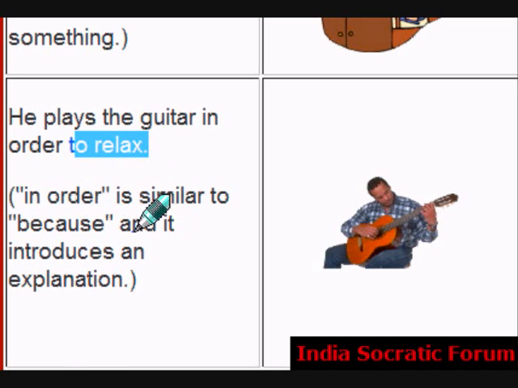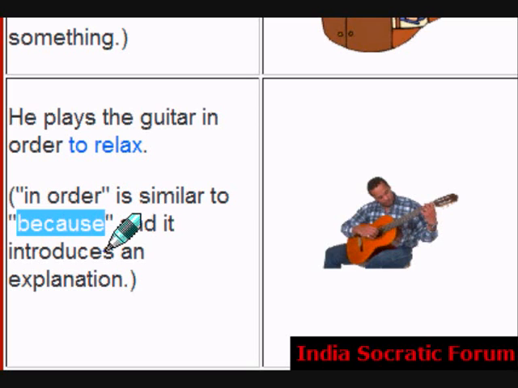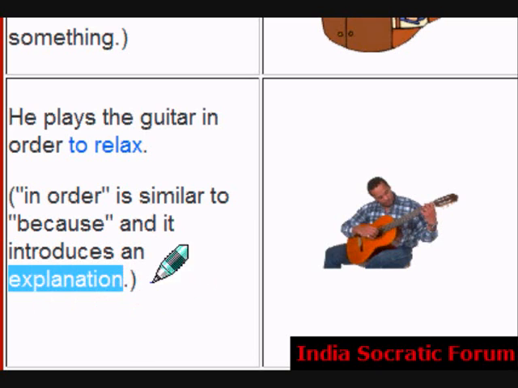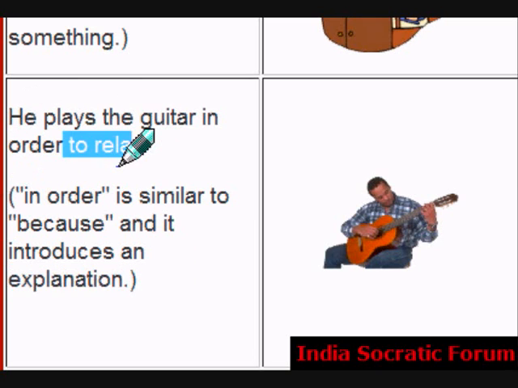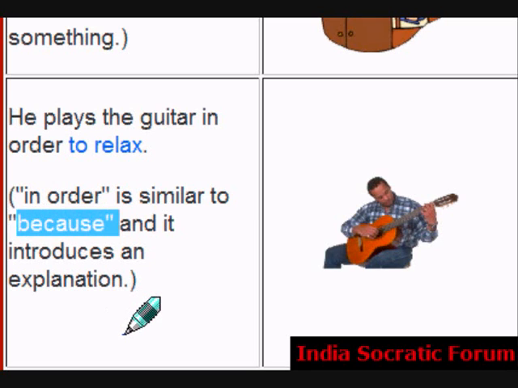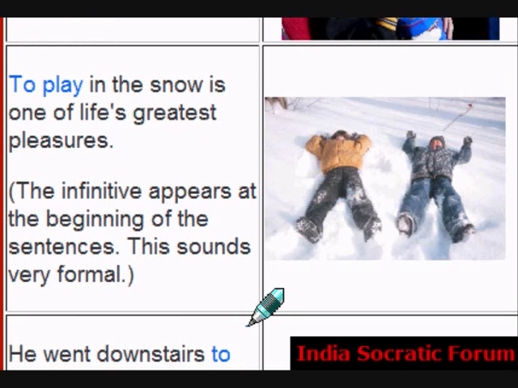In order is similar to because, and it introduces an explanation, right? He plays the guitar in order to relax. In order to is equivalent to because. Okay, so you should try more of this so that you can make sense of infinitives.